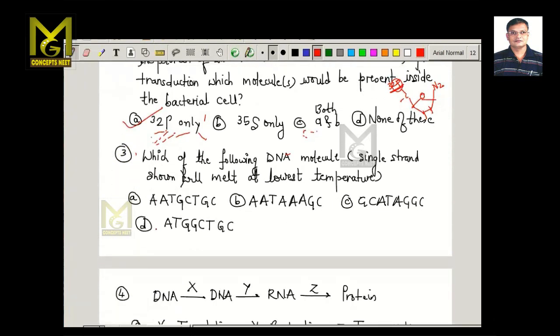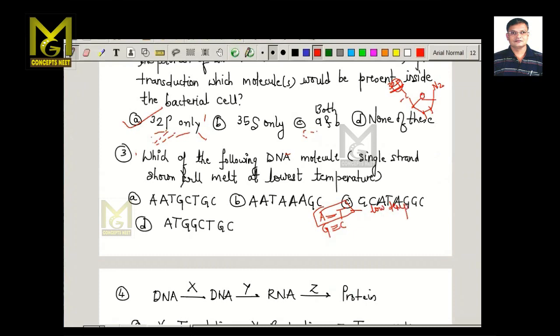Which of the following DNA molecules, that is the single strand shown, will melt at the lowest temperature? If we look at the complementary base pairing, A base pairs with T and G base pairs with C. Now A and T have 2 hydrogen bonds, and G and C have 3 hydrogen bonds. So any structure which has the maximum number of A and T will melt at a lower temperature.